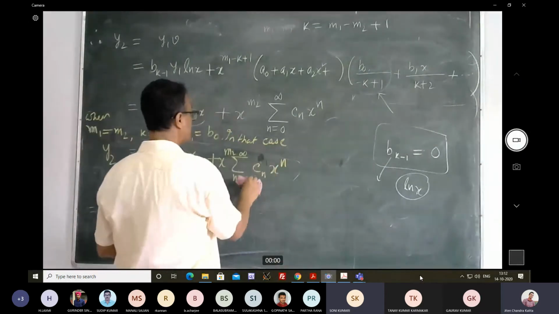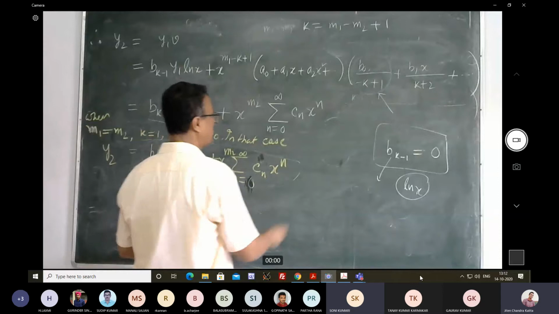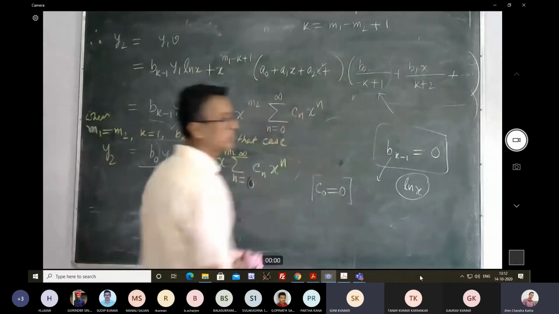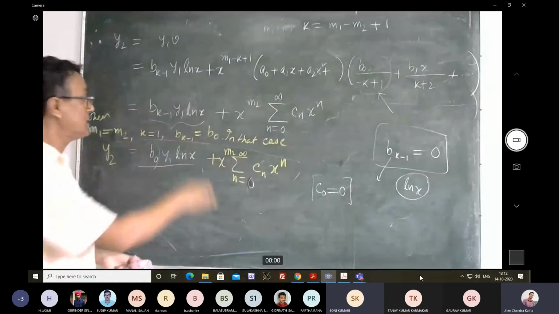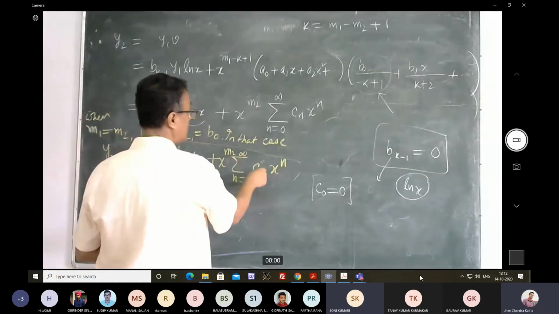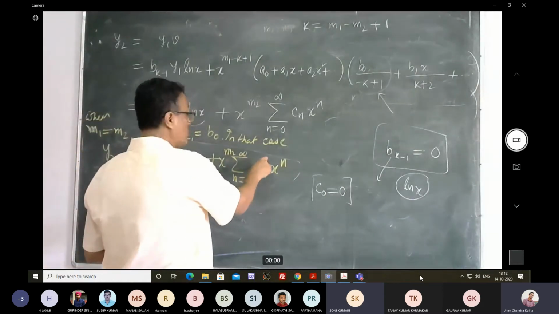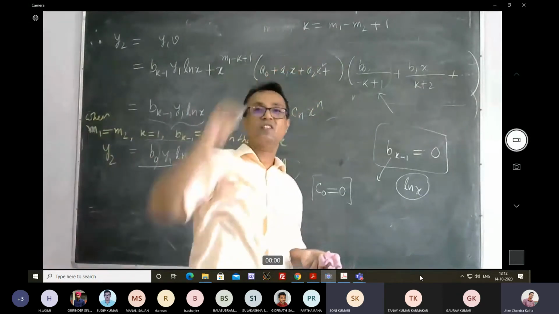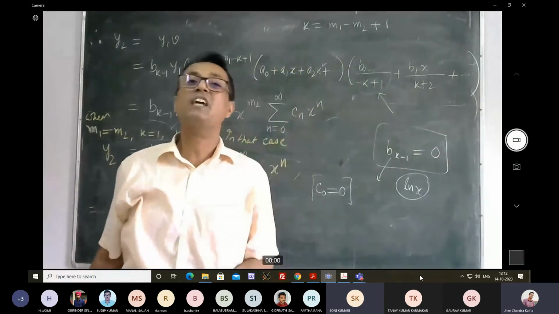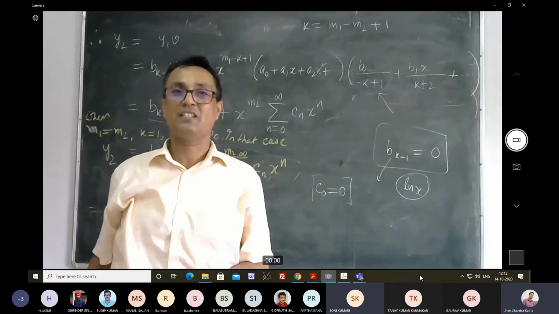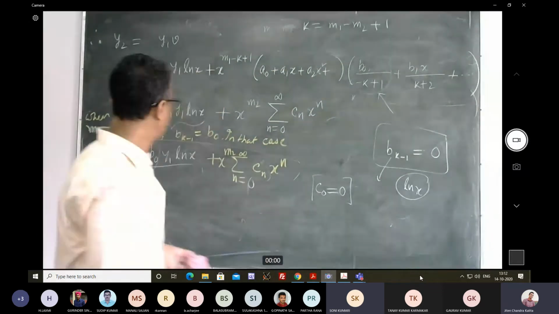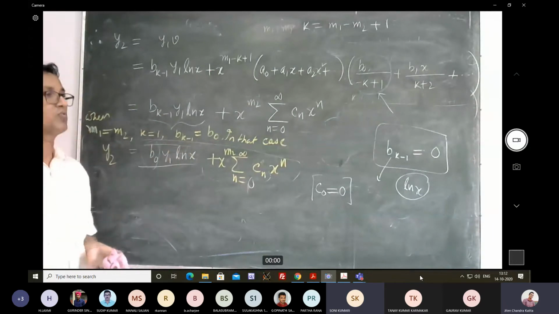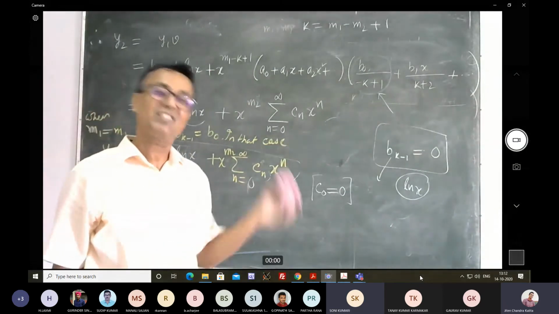I simply write it as this, but then I'm going to write C1, C not equal to 0, because this term will be coming from the original series, isn't it? That b_{k-1} term will be coming from that, and that has already been absorbed with this one.